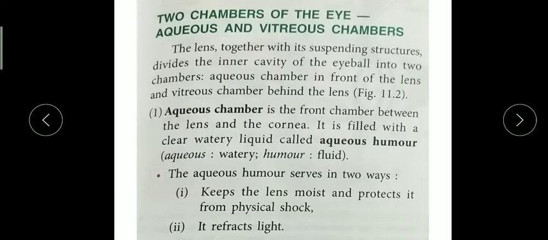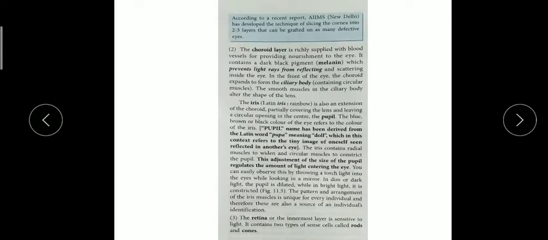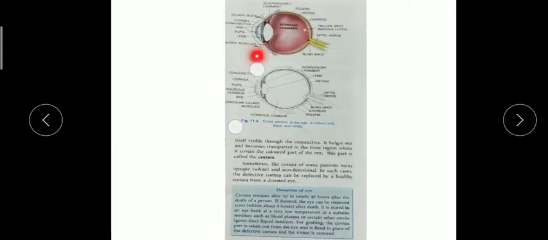Here you can see on page number 141, two chambers in our eye. Two chambers are present, the aqueous chamber and the vitreous chamber. Aqueous is present in front, or you can say between the lens and the cornea. As you can see in the diagram also, and I told you that diagrams are very important.